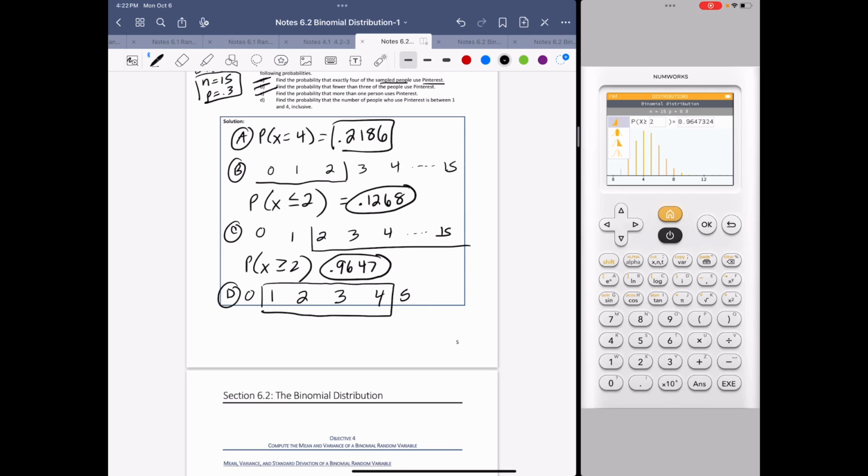I don't want less. I don't want equal. I want between. So I'm going to go to this one and say, okay, 1 is less than or equal to x is less than or equal to 4. And that will give you that answer as well, 0.5107.